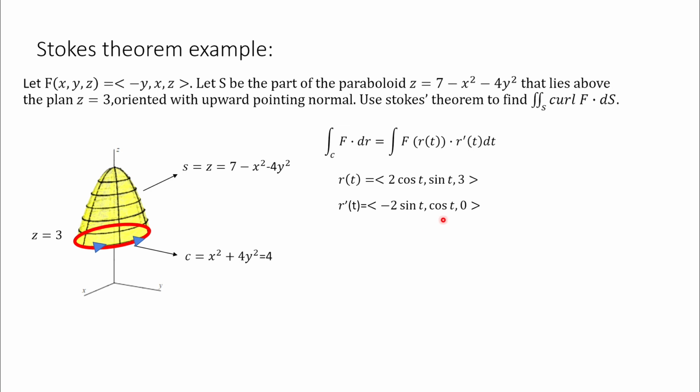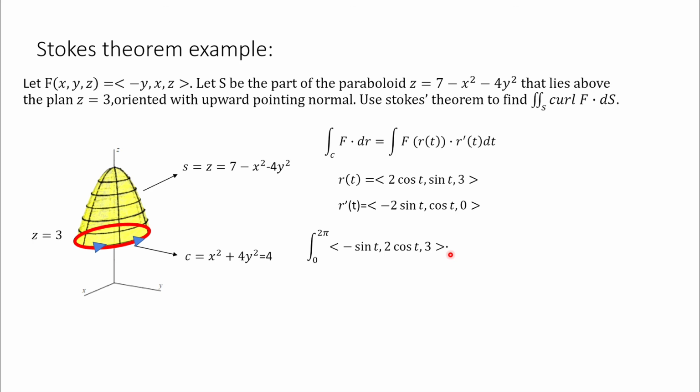Then based on the formula, we need to find F of r(t). F is negative y, x, z. So we substitute sin t into negative y, which is negative sin t, and then 2 cos t and 3. We need to take the dot product with r prime of t.